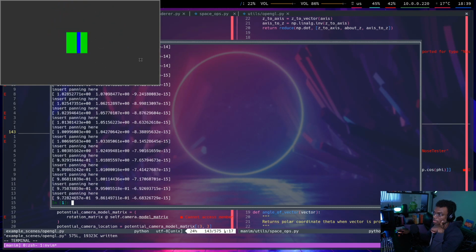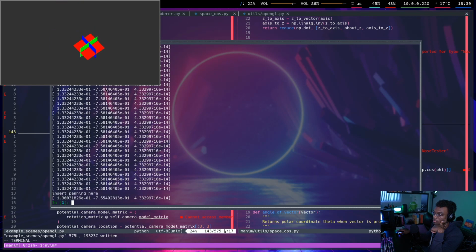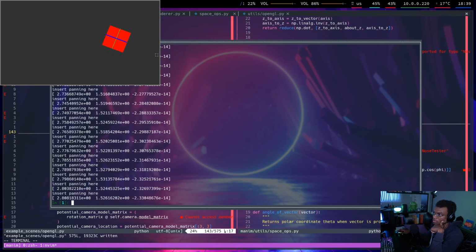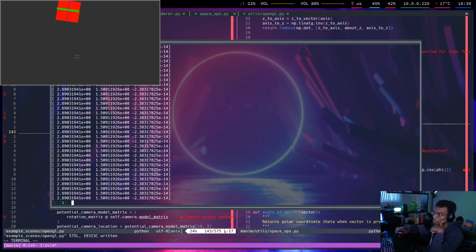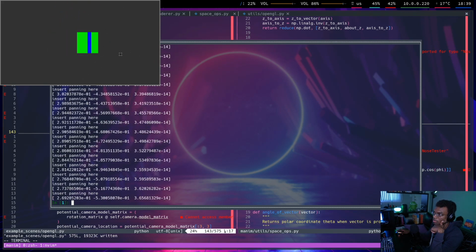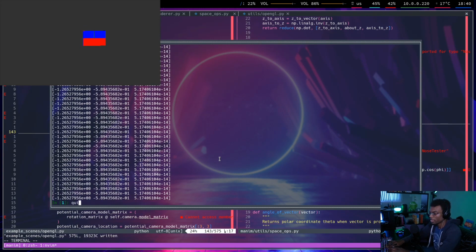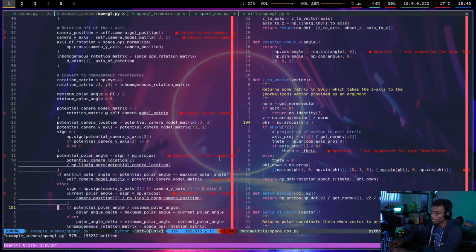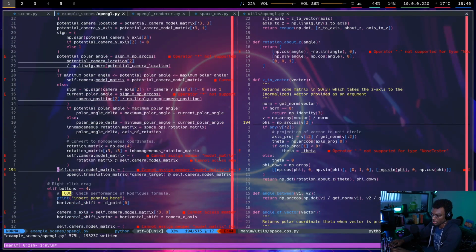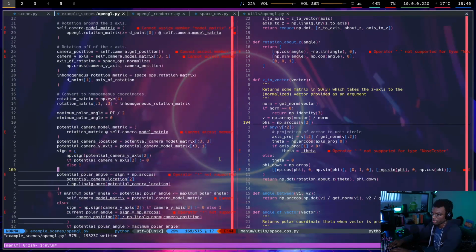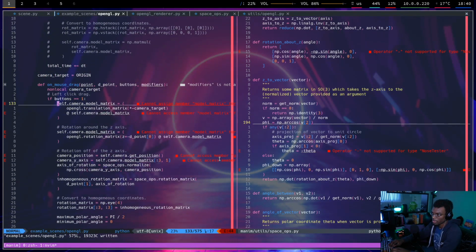I think it's working. Which is hilarious. All right, I'm gonna operate off the assumption that that's working. That was much easier than I expected it to be, by just translating to the wherever and translating back.